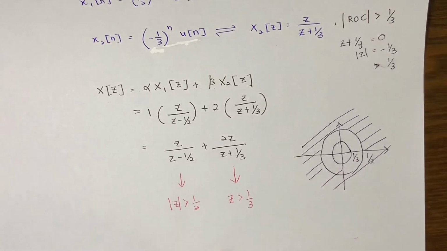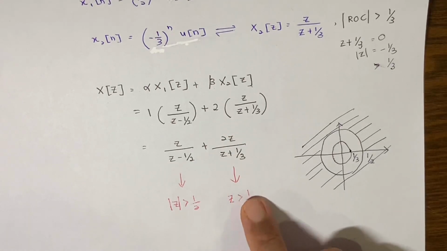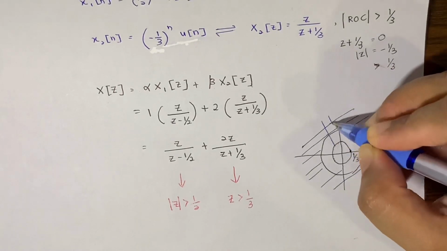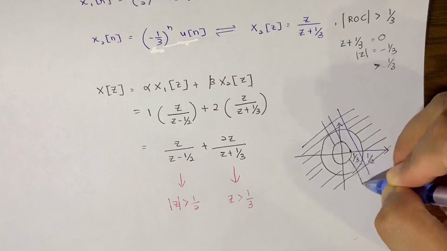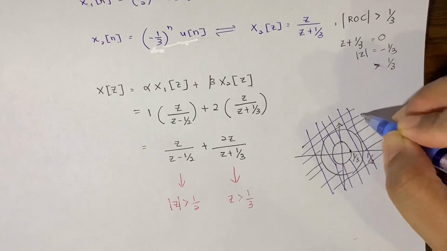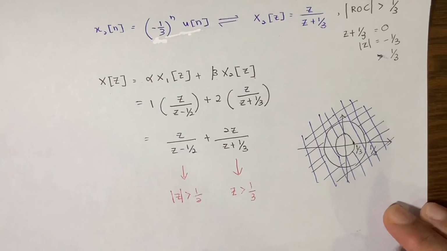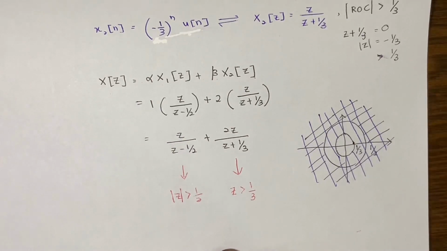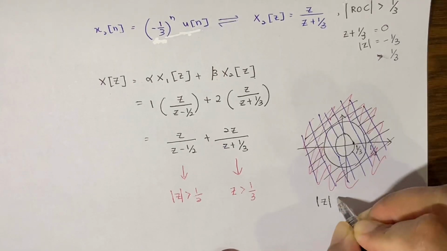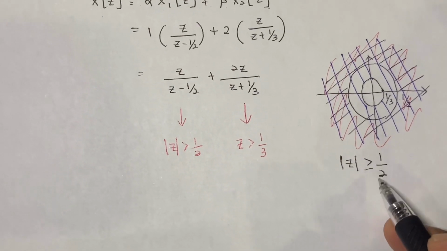And then for the second term, the region is greater than 1/3, which is over here. Which one is the overlap, or the intersection? The intersection is when the region of convergence is |Z| bigger than 1/2.